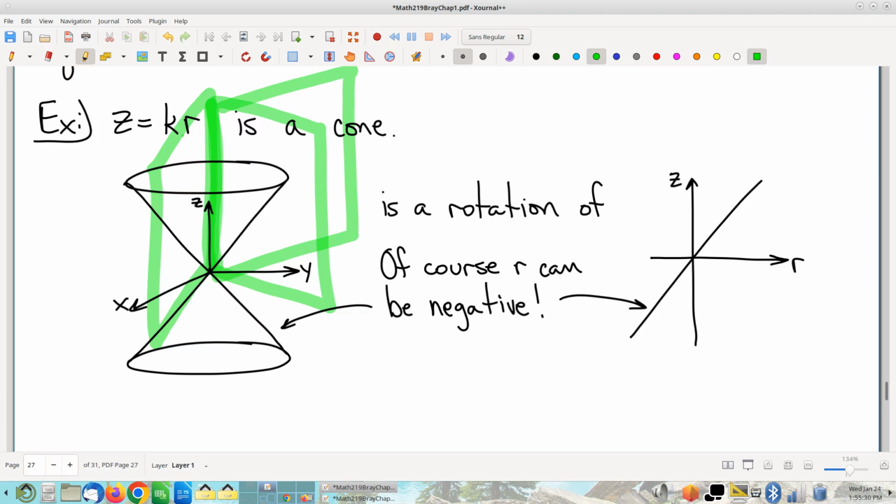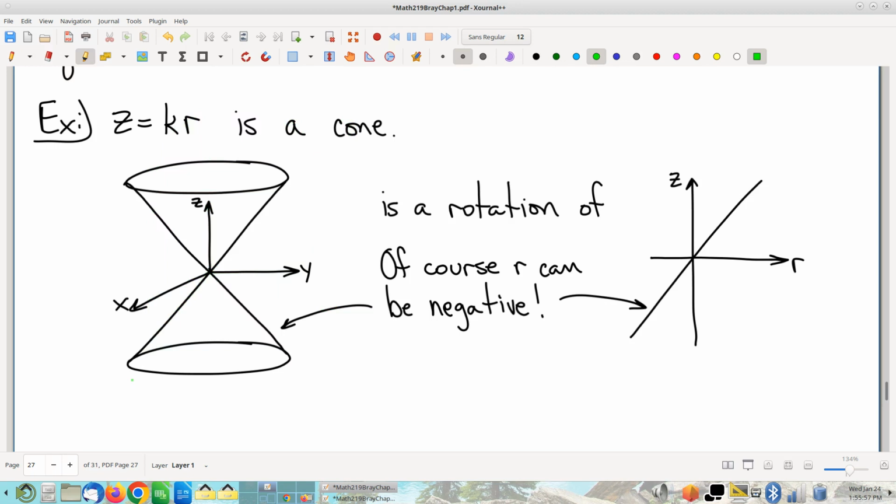Nothing. Right? Theta doesn't matter. Theta is not even in the equation. That means that all of the cross sections in all of these half planes look exactly the same. And if all the cross sections in half planes hinged on the z-axis look exactly the same, it's rotationally symmetric. So, neat observation, something to be on the lookout for.